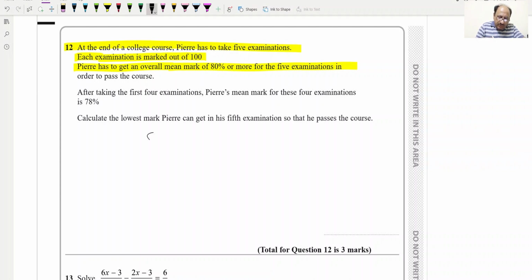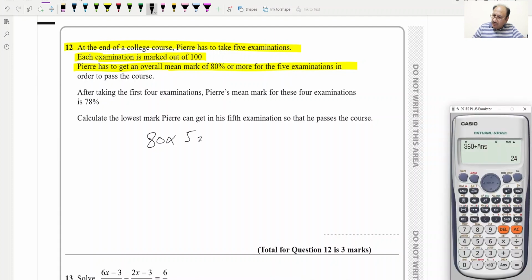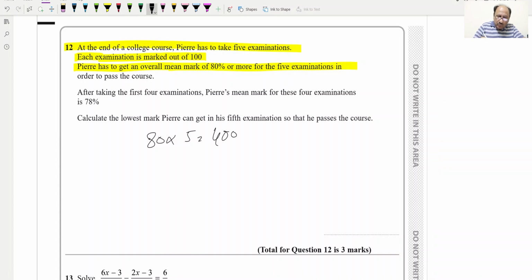So 80% for 5 exams, 80 out of 100 each, will be 400. So this is the target in order to pass the exam. After taking the first 4 exams, his mean mark for these 4 exams is 78.